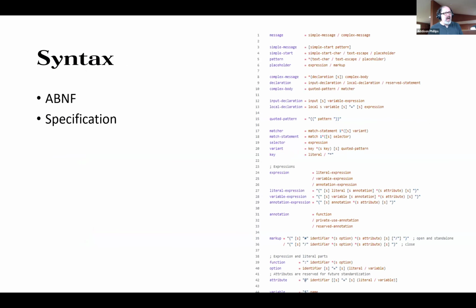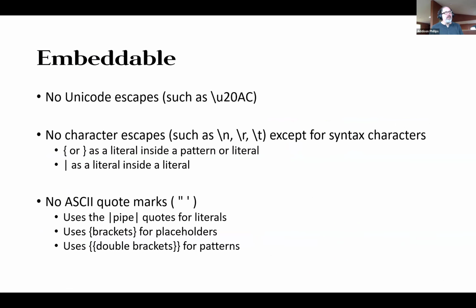We'll start with the syntax. As I mentioned, we have a formal grammar for message format. One of the things about our grammar that's maybe interesting, maybe even surprising, is we've worked hard to make the syntax embeddable. So, for example, we don't define any Unicode escapes. We don't define any character escapes.